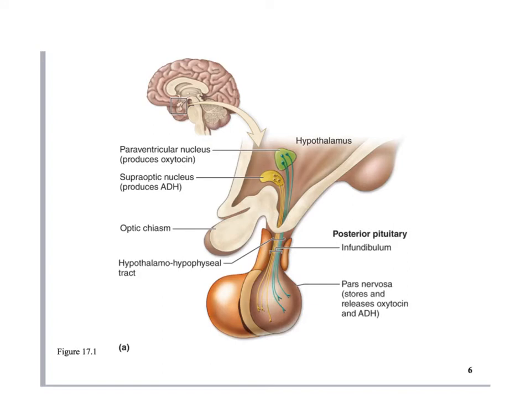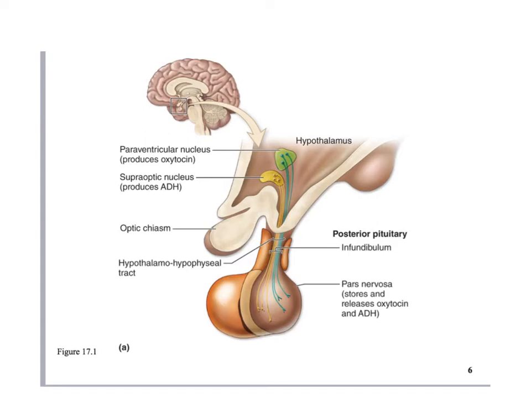So this is what it looks like. Your hypothalamus sits in here, and above would be the thalamus and the third ventricle. In the hypothalamus you have a couple of particular nuclei, areas of cells that do certain things.